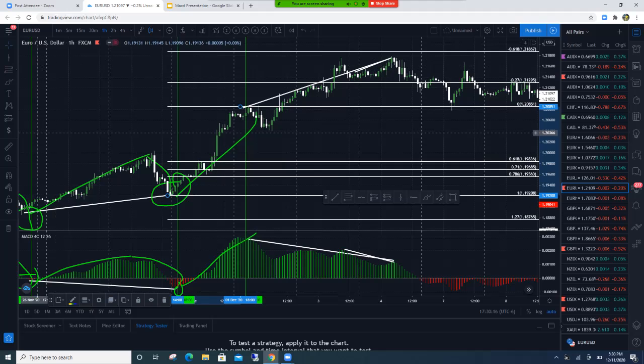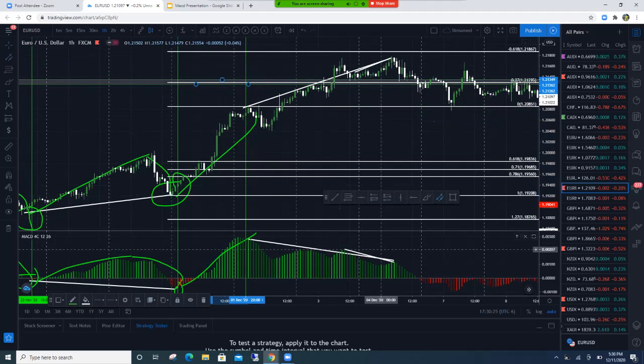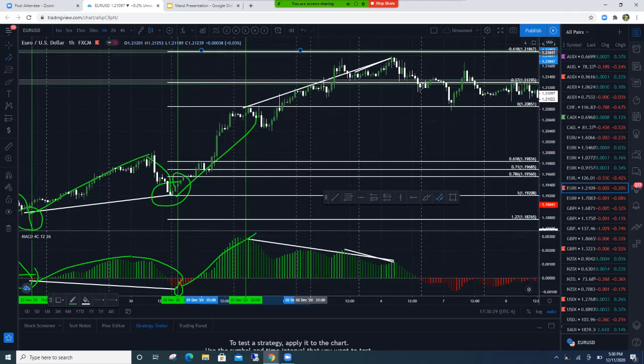So you would have a price zone here. You would have a price zone here. And you're waiting to see if price is getting close to that area.